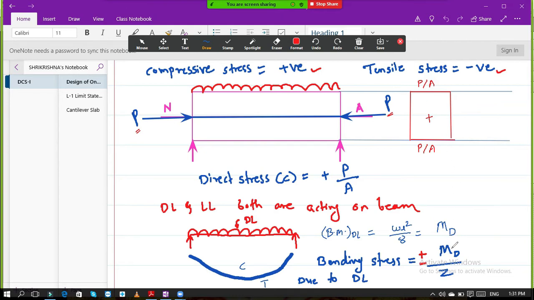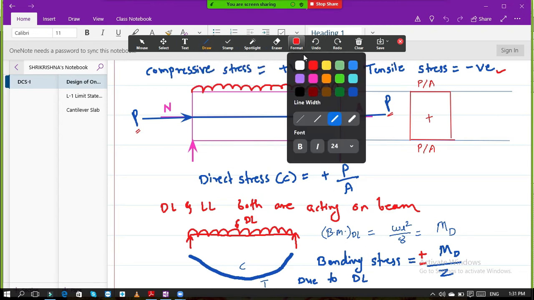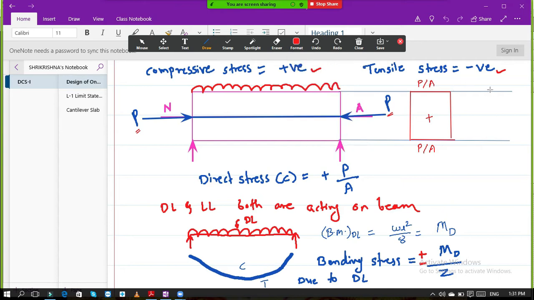Now, here we have plotted the diagram of direct stress. Similarly, if you plot the diagram of this bending stress, how will the diagram look? So at top plus MD by Z, at bottom minus MD by Z. The diagram will be in this fashion.